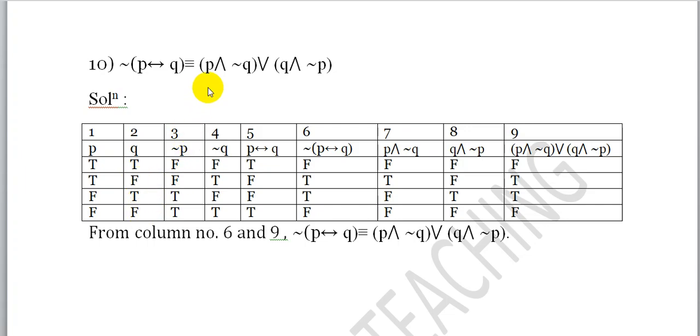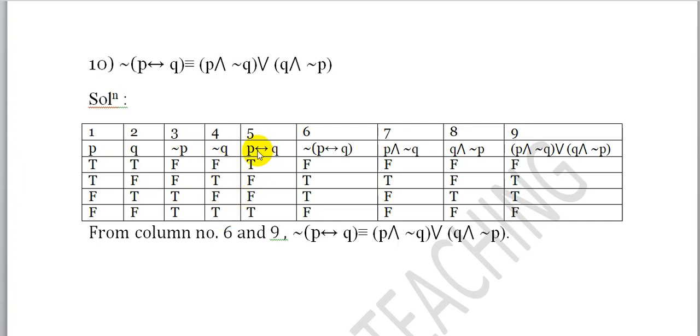In the third and fourth columns, we write negation P and negation Q respectively. For negation P, just the opposite of P, which is double T, double F, so for negation P it is double F, double T. For negation Q, the opposite of TF, TF, so for this column, FT, FT.